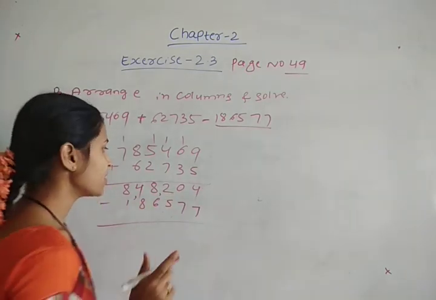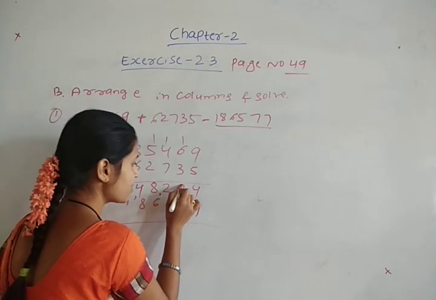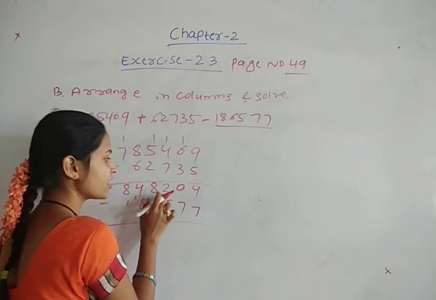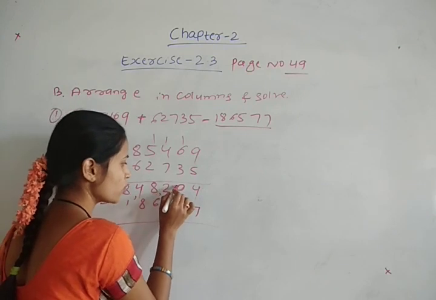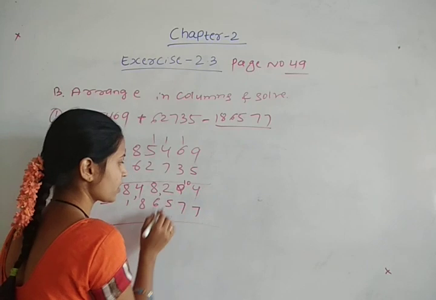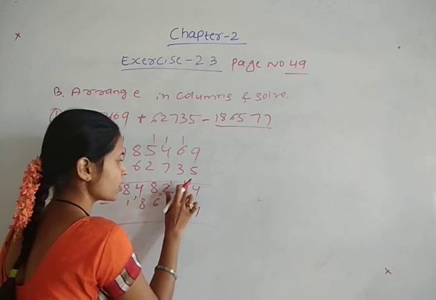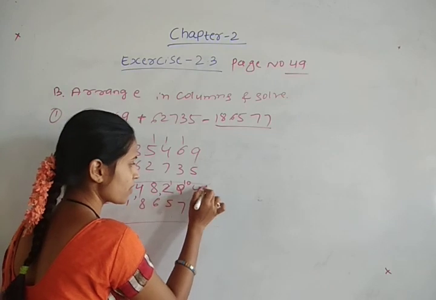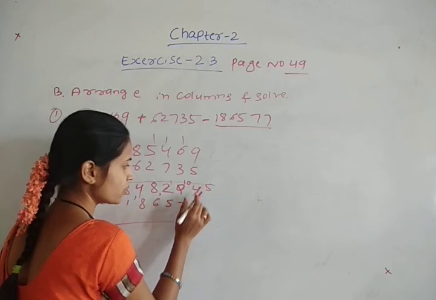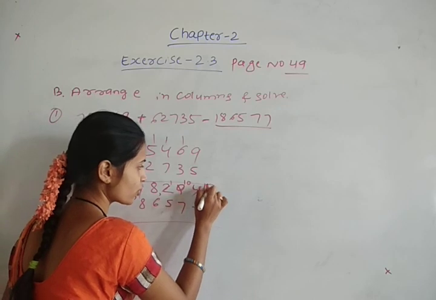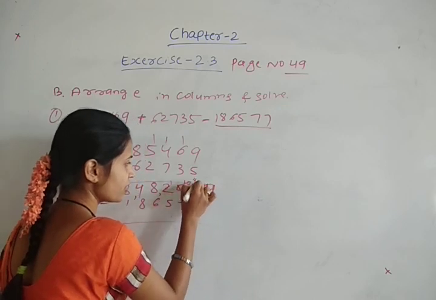For that I will take 1 borrow, but its neighbor is 0. We cannot take 1 borrow from this 0 also. For that I will take 1 borrow from this 2. Now this 0 becomes 10. Here we are left with 1. Now if we take 1 borrow from this 10, this 4 becomes 14. And here we are left with 9.